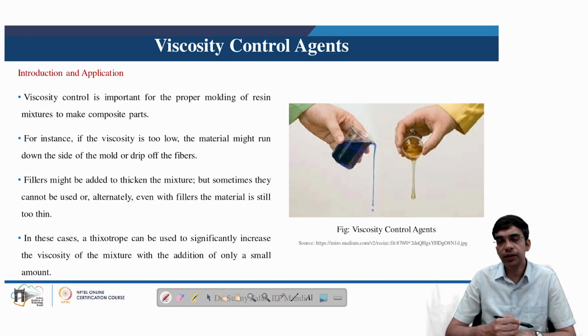If the viscosity of the matrix is too low, the matrix material may run down from the side of the mold or drip off from the fiber. Fillers may certainly be added to the matrix to thicken the mixture or increase the viscosity, but sometimes they cannot be used, or the fillers in the material are too thin. In this case, a thixotrope may be added to significantly increase the viscosity of the mixture by adding it in only small amounts.